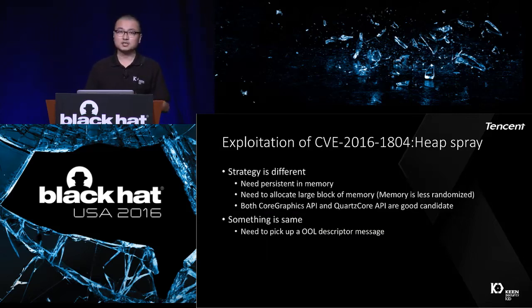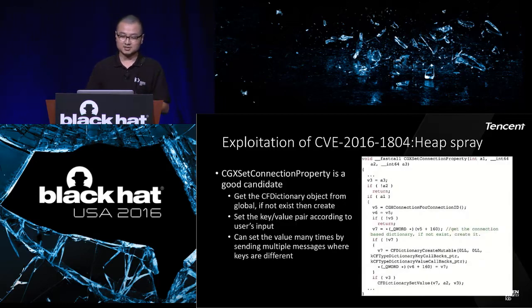And we need to think of the following criteria when spraying. One thing is that the memory has to be persistent in memory. And also you need a very large block of memory because large memory allocation is less randomized in OS X. And also you need an OOL message because only an OOL message allows you to do this kind of operation. So finally we got a very good candidate, which is CGX set connection property.